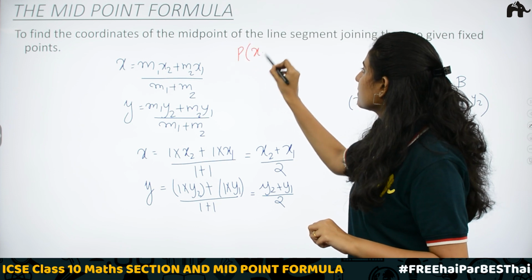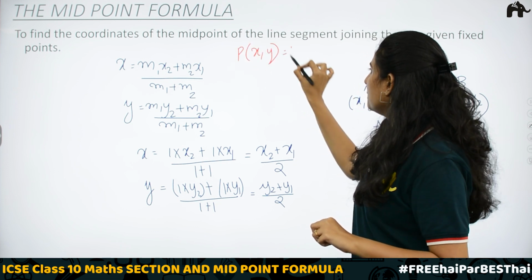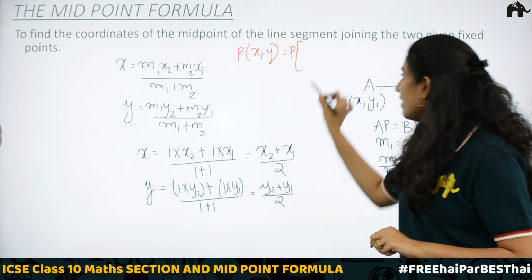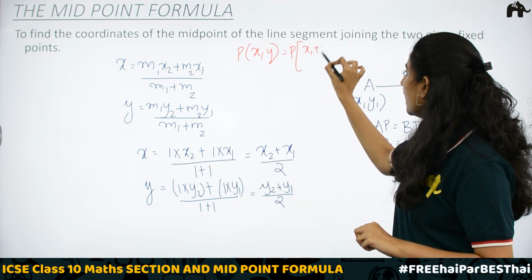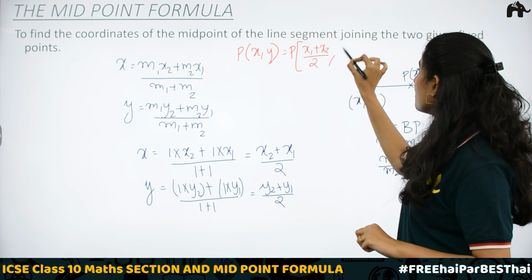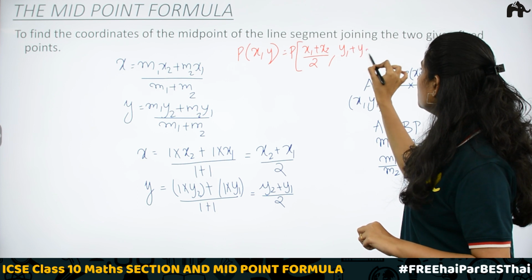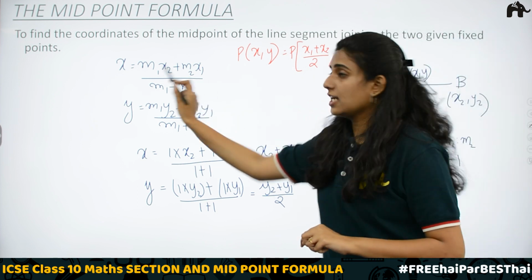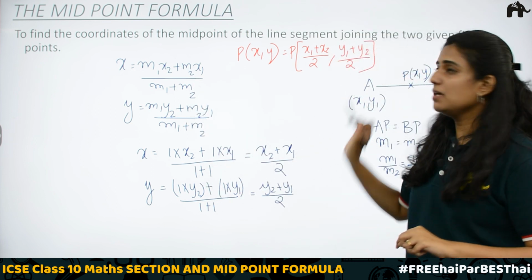P, x, y is equal to P of coordinates, x coordinate x1 plus x2 divided by 2, and the y coordinate y1 plus y2 divided by 2. So here using section formula we have determined the midpoint formula.